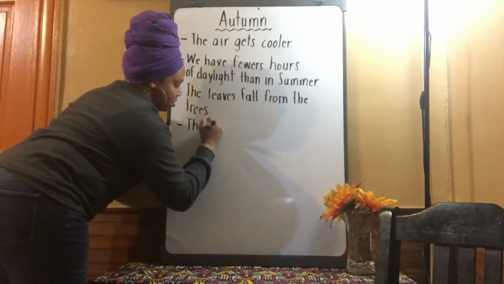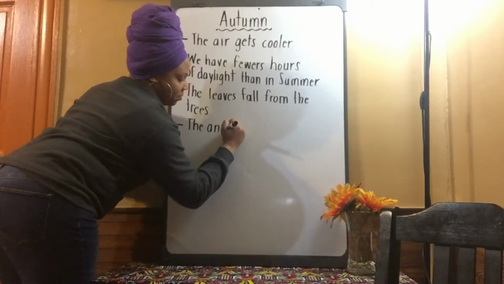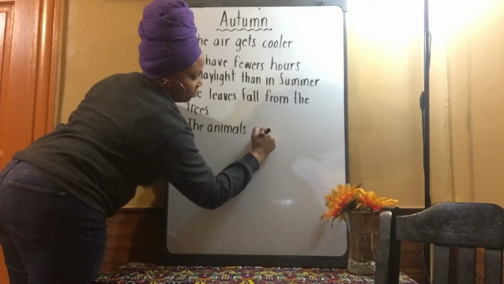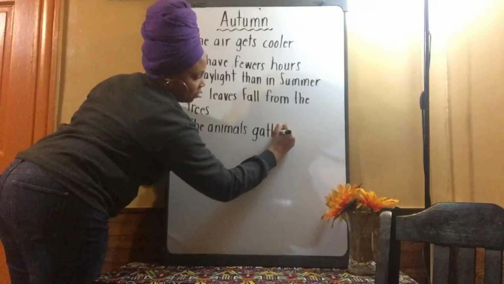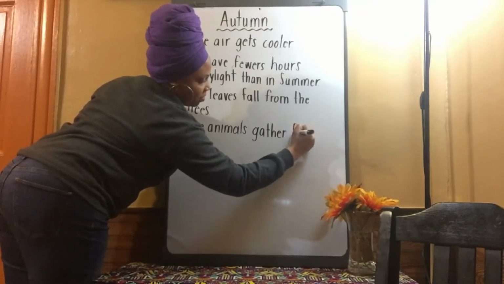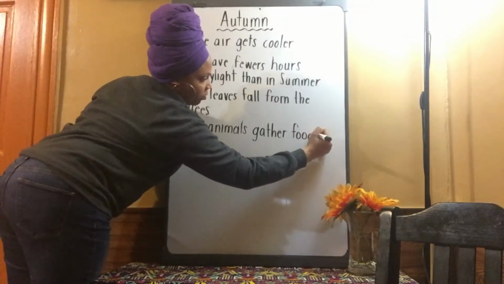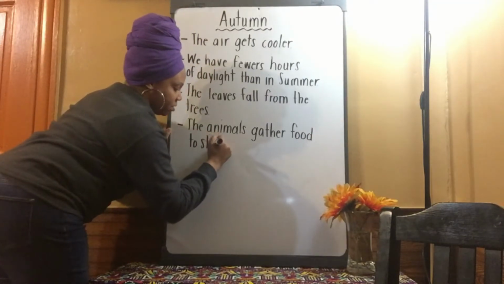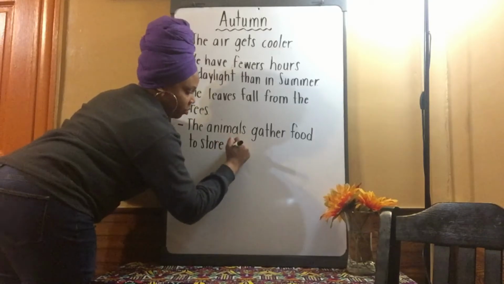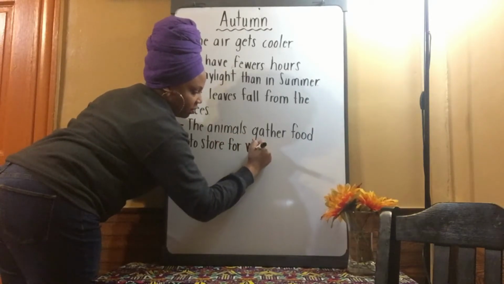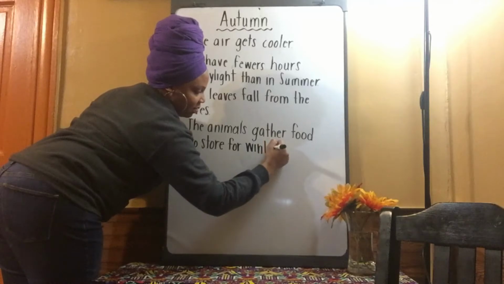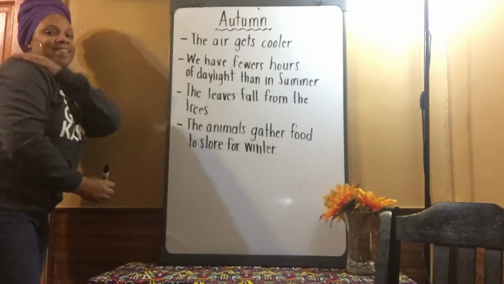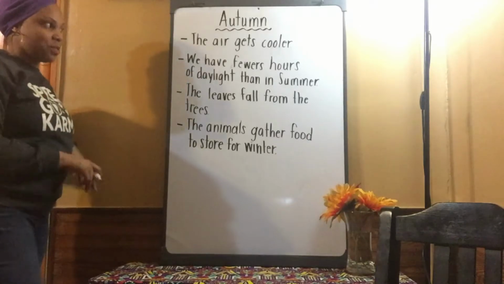The animals gather food to store for winter. Good job. If you knew that fact, go ahead and pat yourself on the back. Very good. Thank you, Brother Walid, for giving it to us.